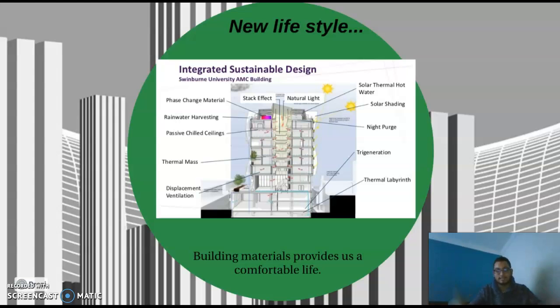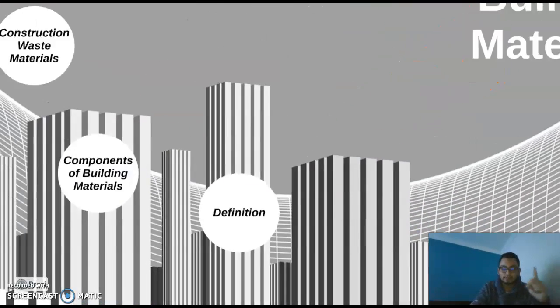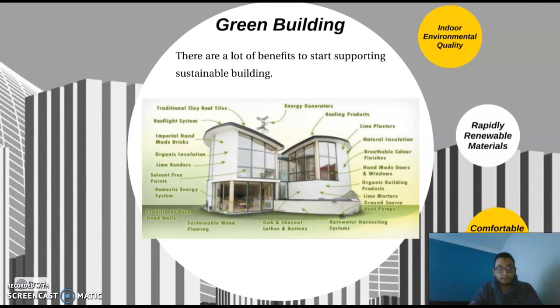Totally amazing. So we're going to study this new method in two main topics. The first one is the components of building materials. The components of building materials are totally rich, and there are a lot of benefits to start supporting sustainable building.